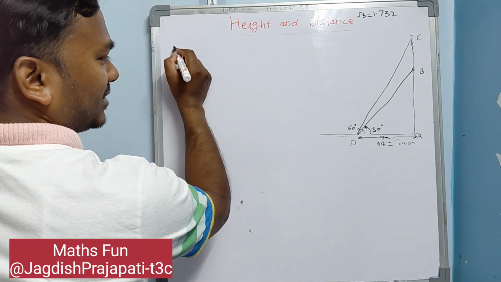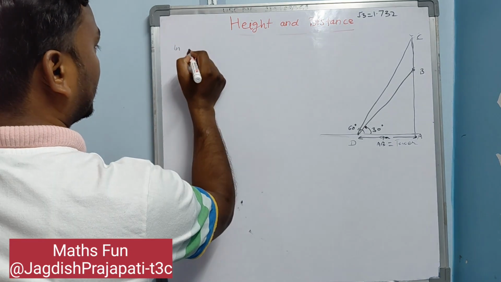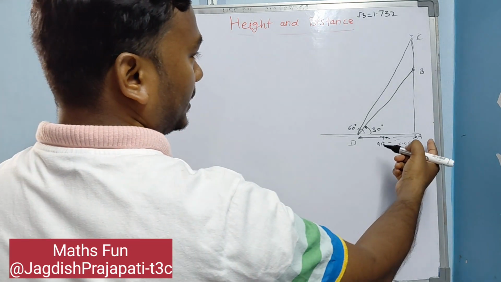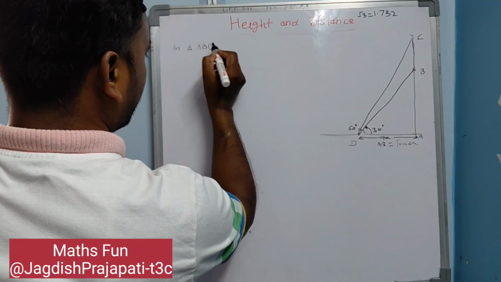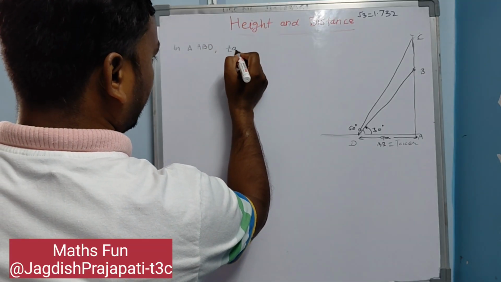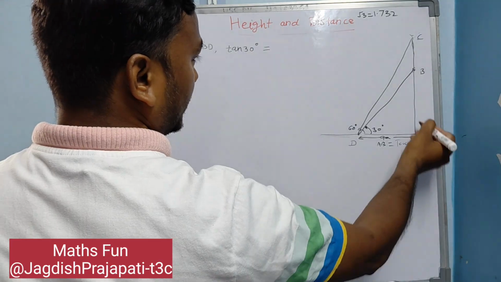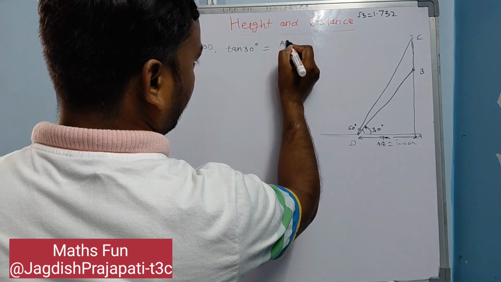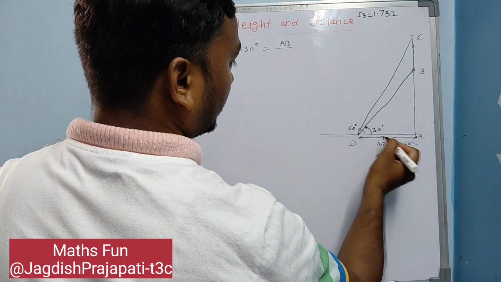So now we can start. So in triangle ABD, tan 30 is AB upon AD.